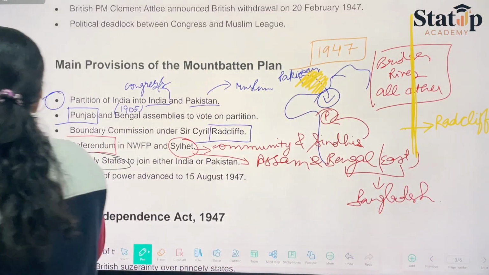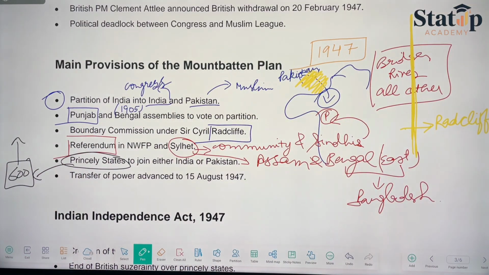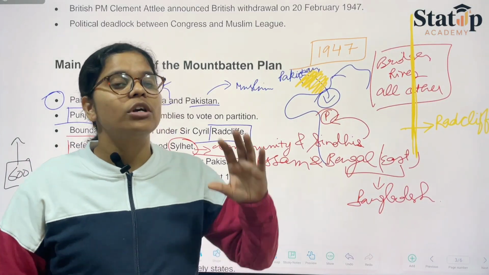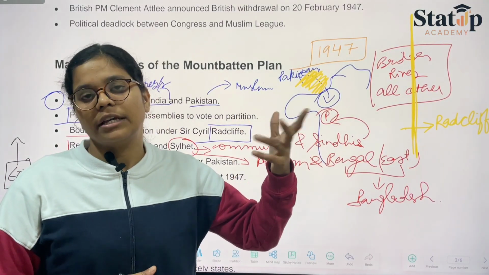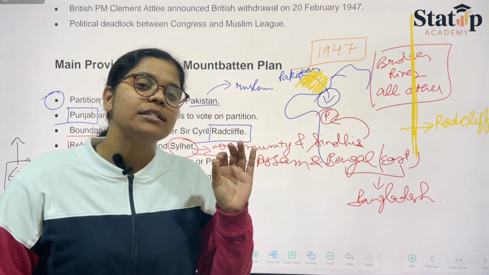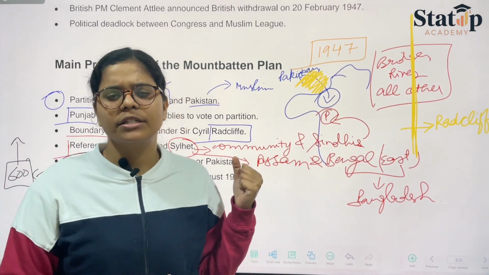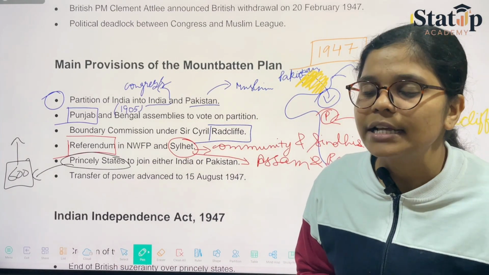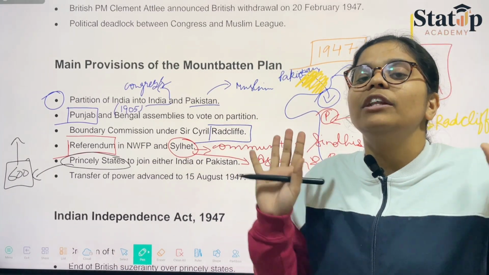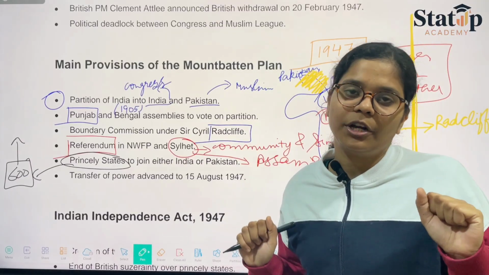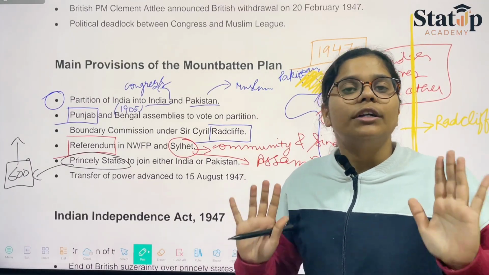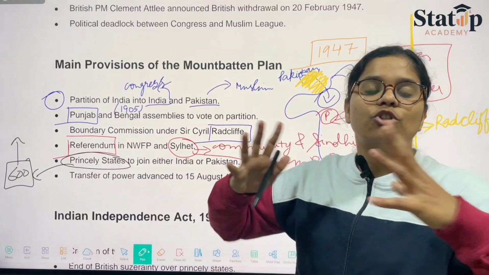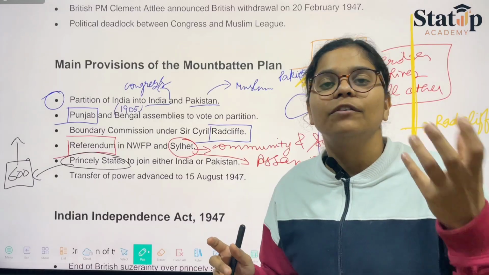Princely states were those in which the ruler was known as the Raja or the prince of that state. They said we will not join India or Pakistan, we want our own country. But 600 such states would mean division of India, and India would be left with nothing.